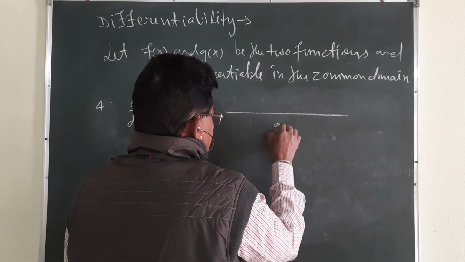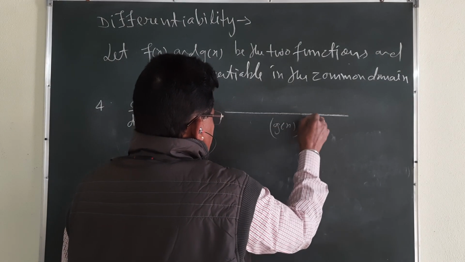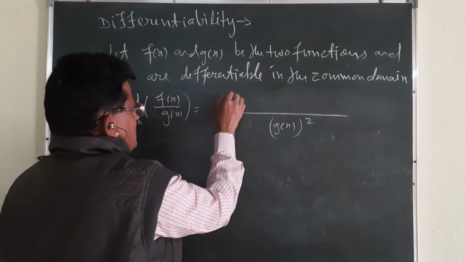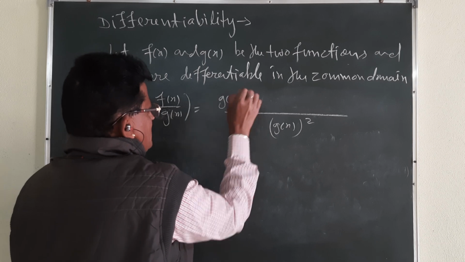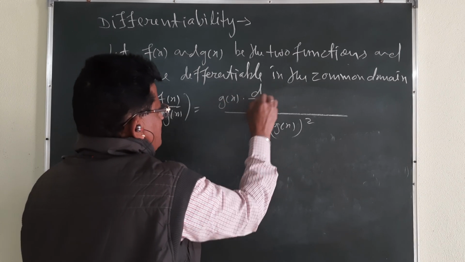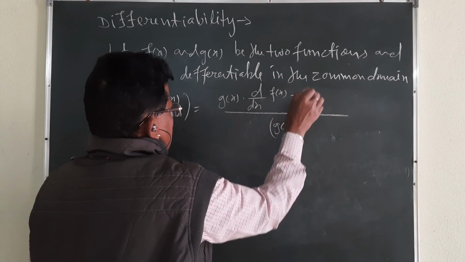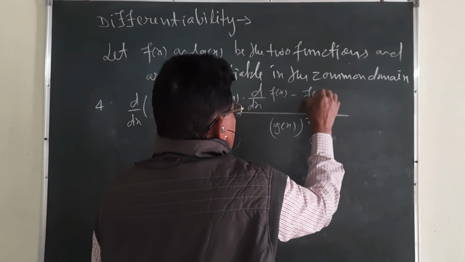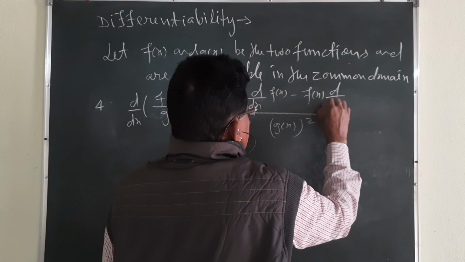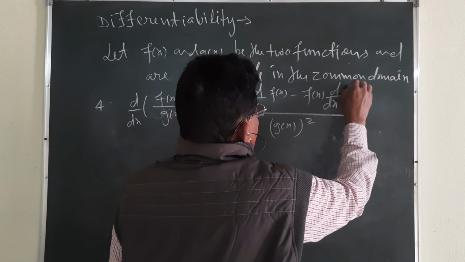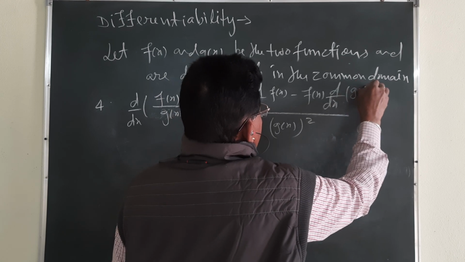Write it square. g(x) square. g(x), you write the function which is given in the denominator as it is, derivative of the function which is given in the numerator, minus the function which is given in the numerator, you write as it is, and derivative of the function which is in the denominator.